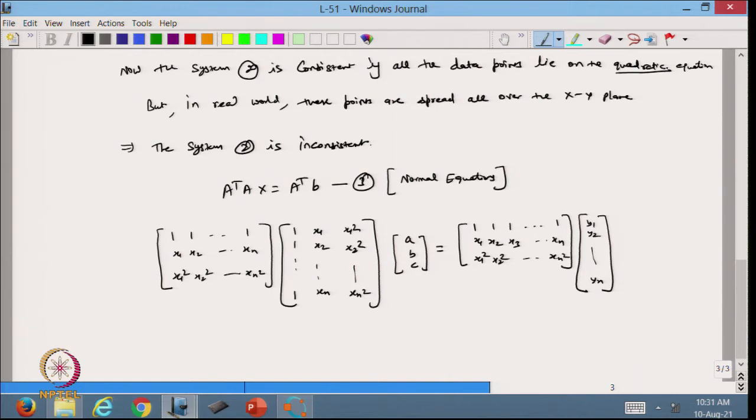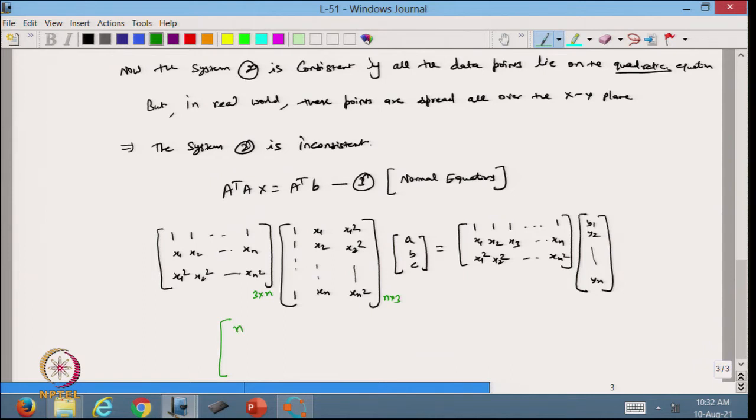Now, if we start doing the multiplication of this matrix, then from here I will get a matrix. This matrix is basically 3 cross n and this is n cross 3. So, I will get a 3 by 3 matrix. Taking the summation n number of times, it will be n.